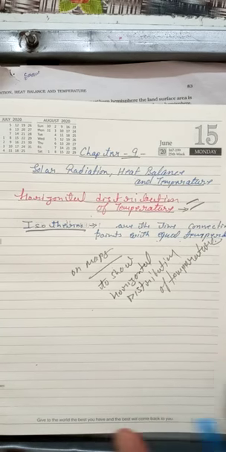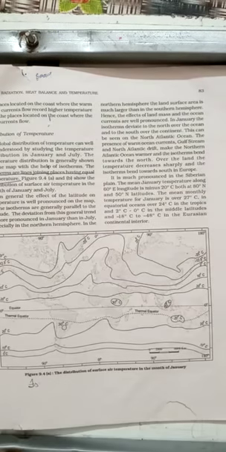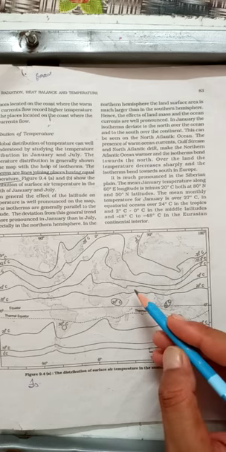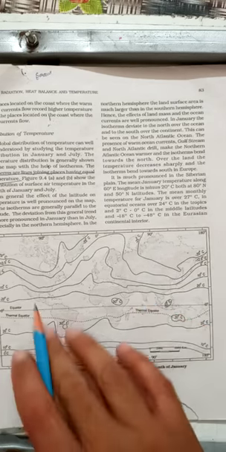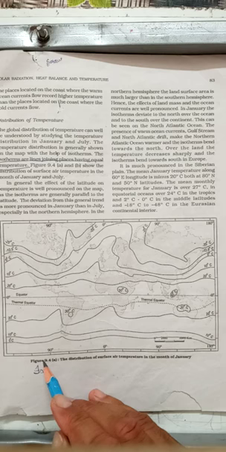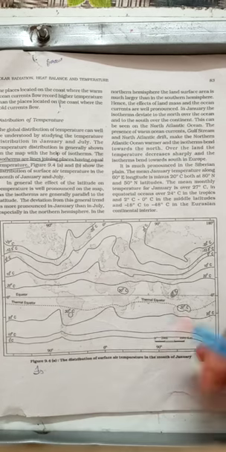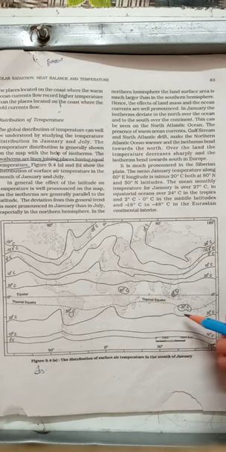When it comes to the globe, the mean annual temperature distribution has been explained in this map of the world in figure 9.4 on page 83. It shows the average annual temperature distribution over the globe.